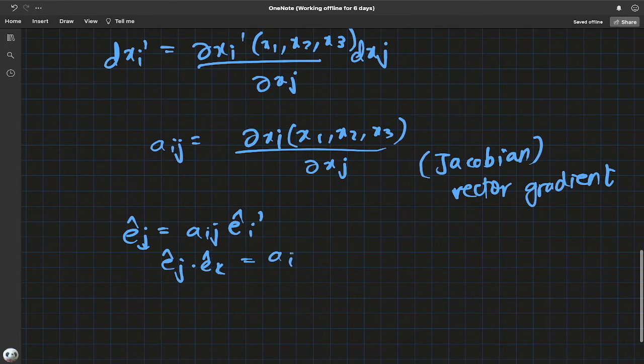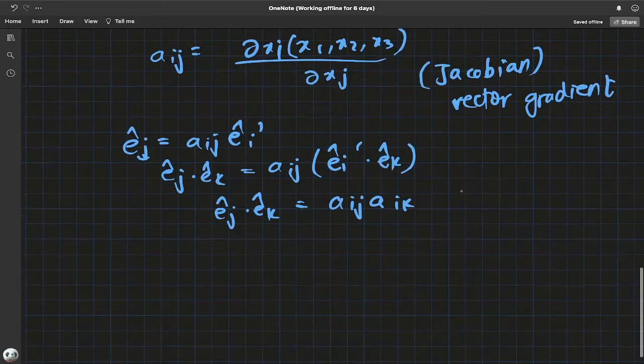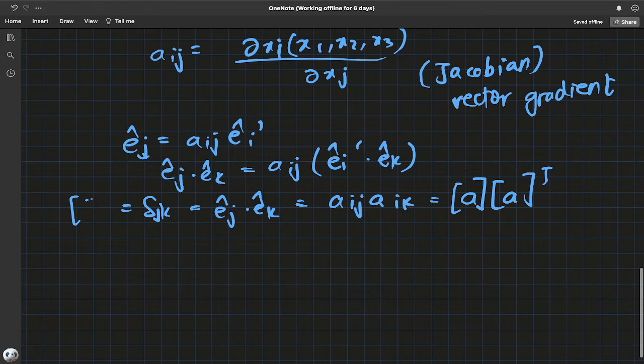This is equal to a_ij e_i prime dot e_k, where e_j hat dot e_k hat is basically equal to a_ij, and this is just a_ik using the formula we derived for this transformation matrix. This is just a times a transpose, but we know what this is. This is just the Kronecker delta jk, and the matrix version of the Kronecker delta is the identity matrix.